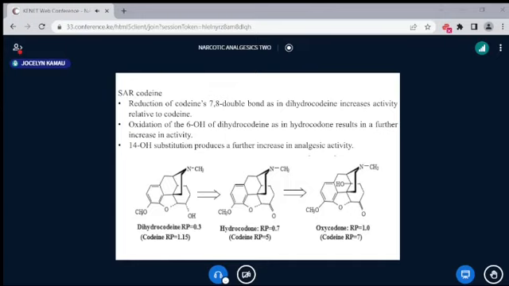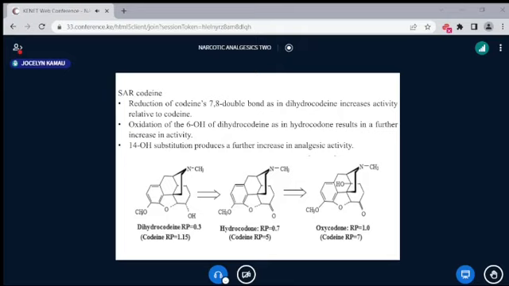So definitely these compounds will have much more activity compared to the original codeine because of the structural modification.